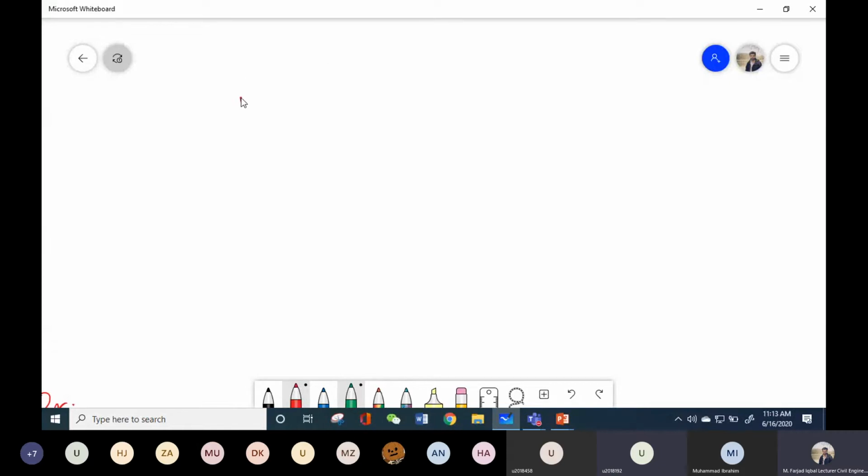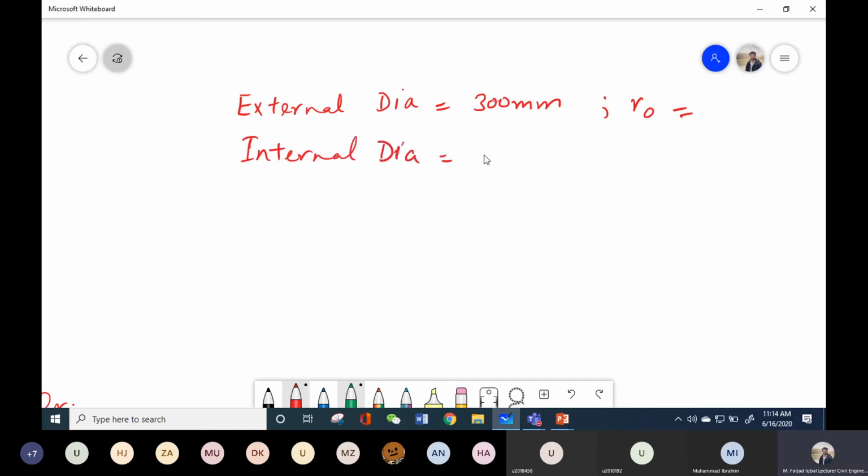So we have been provided with the external diameter as 300 millimeter. So what will be the radius? And similarly, the internal diameter as 200 millimeter. So what will be the internal radius?